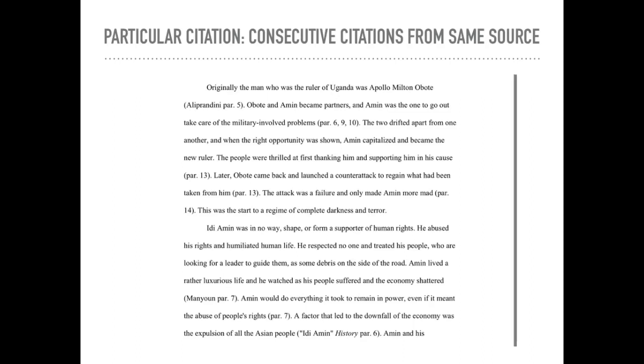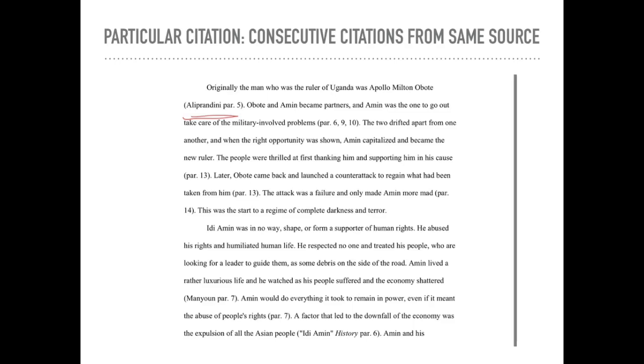Same with research papers. So one particular citation circumstance might be you have consecutive citations that all come from the same source. That's what this same student had. So he cited his information here. It's this Al Prendini article. And then the next bit of information he gave came from the same article.